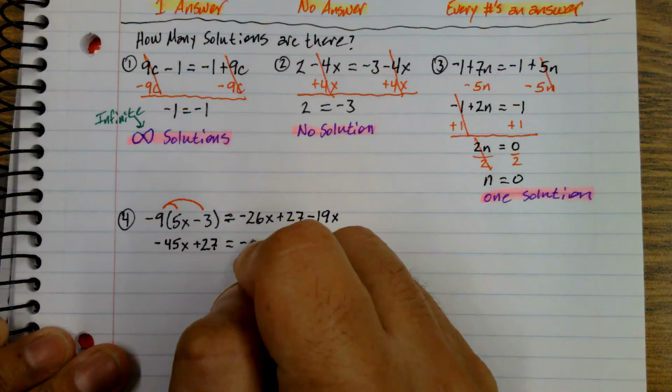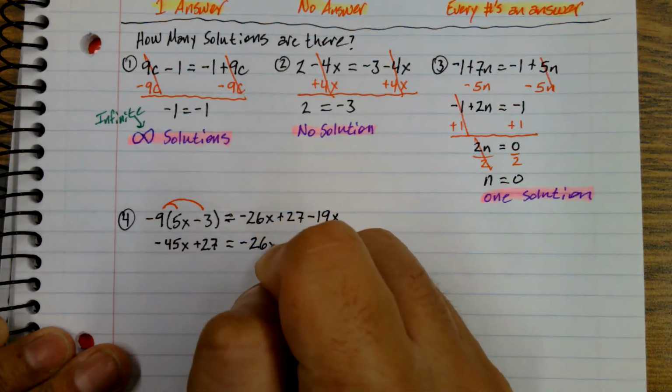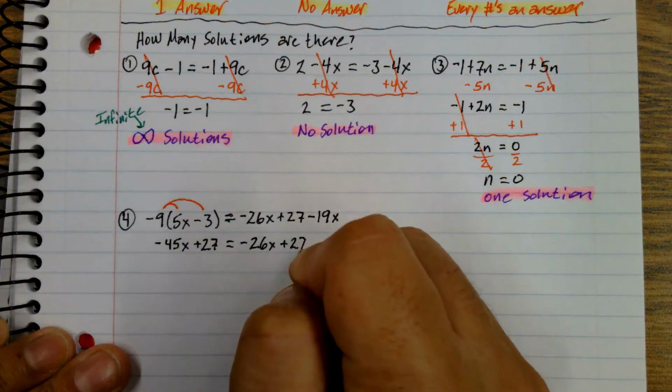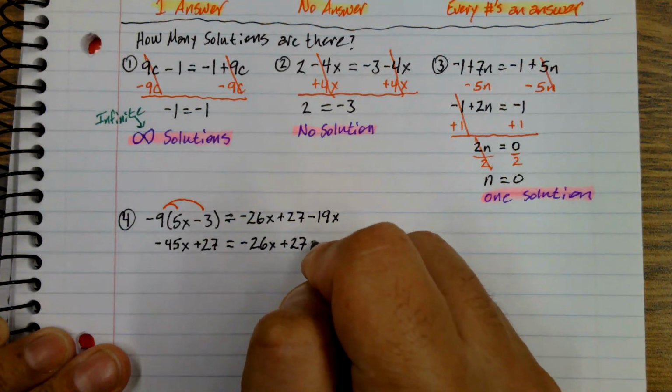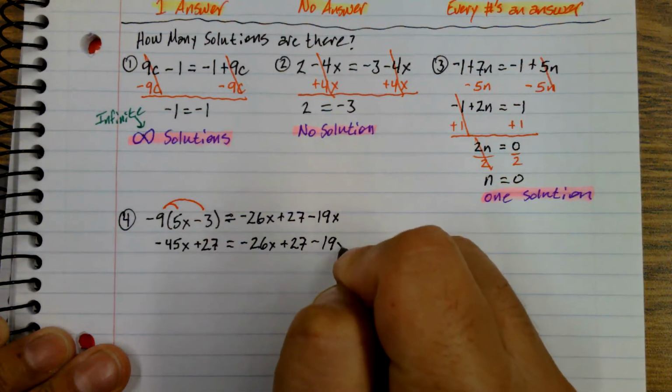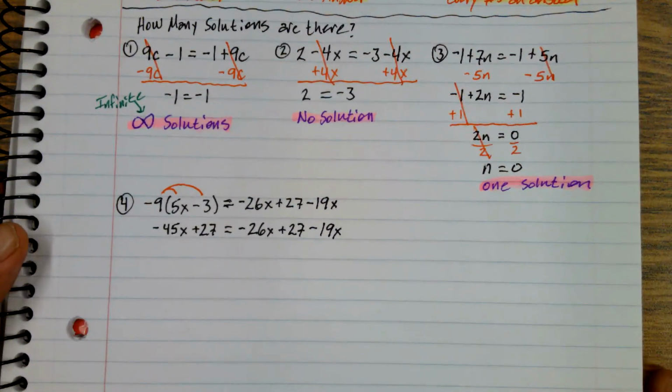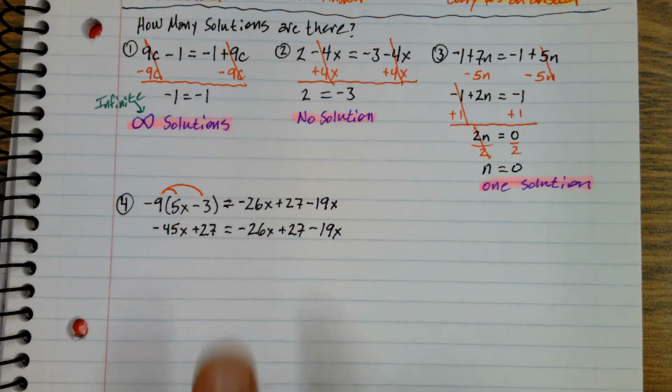Equals -26x plus 27 minus 19x. So this is what I did after I distributed. The first thing is to distribute.